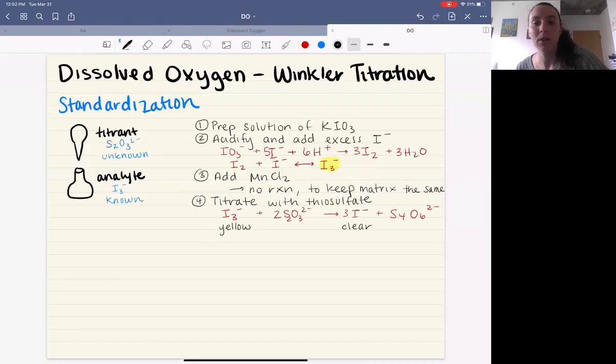Okay, so we could do our titration and just keep adding the thiosulfate titrant until our solution changed from yellow to clear. And that could be doable, but imagine trying to do a titration going from yellow, a very light color, to clear. It would be kind of difficult. So what you do in this procedure is to titrate as far as you can using this yellow to clear transition, but then you're going to add some starch.